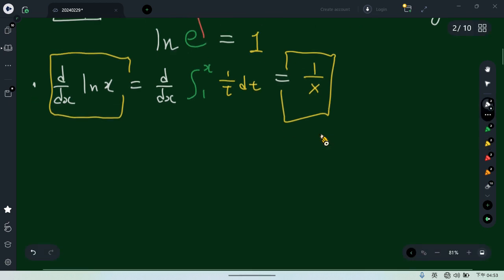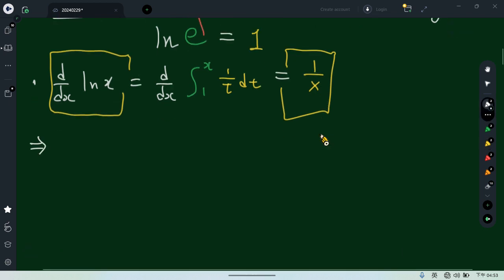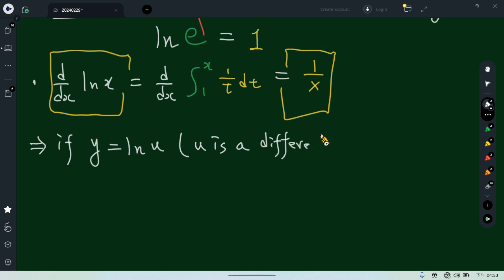So if y is equal to ln u, then u, if you still remember, is normally denoted as a differentiable function of x.